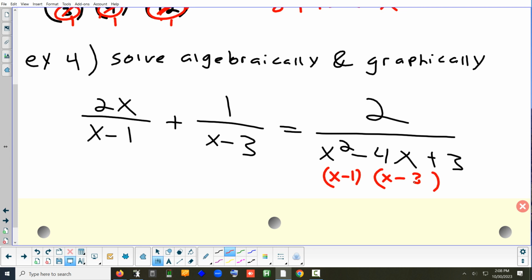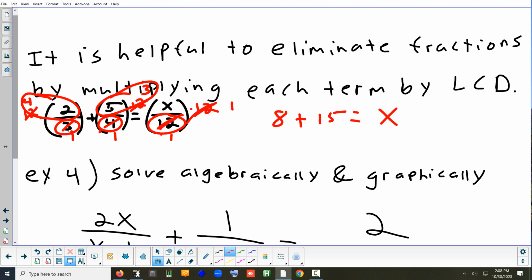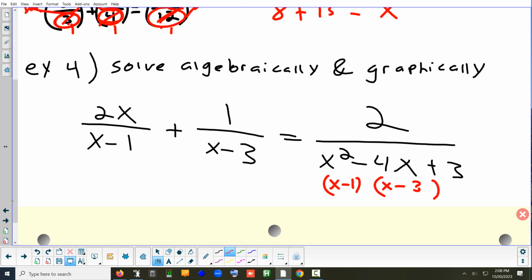Okay. So last time, we multiplied everything by the product of this number and that number. We multiplied everything by 12. This time, you're going to multiply everything by that times that. So everything gets multiplied by x minus 1, x minus 3.